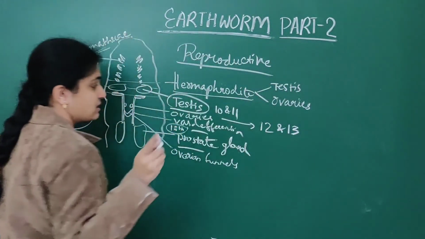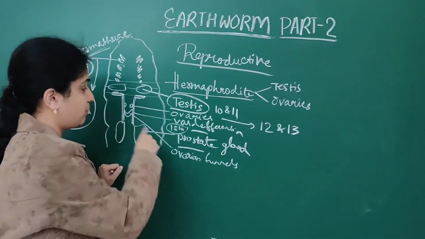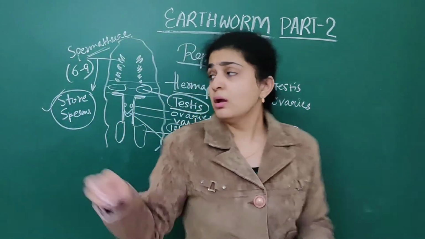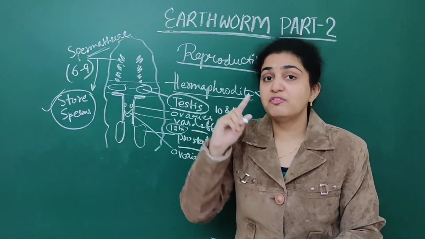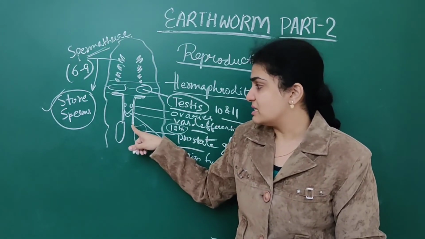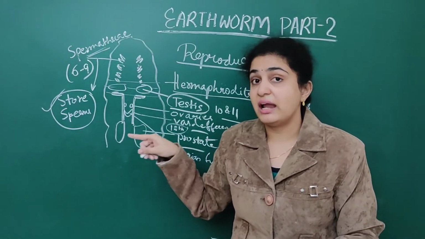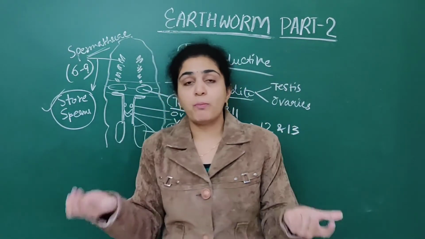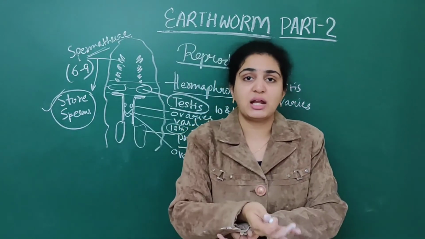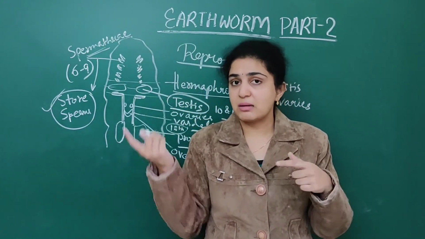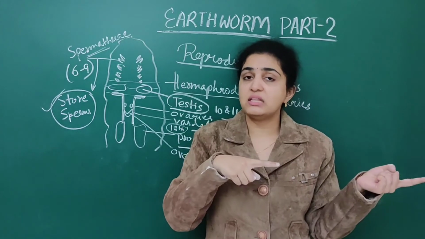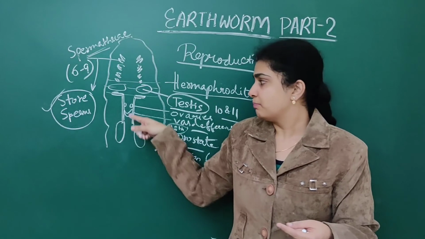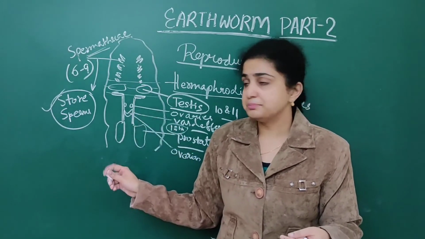The ovarian funnels open into the 14th segment female genital pore, whereas the vasa differentia, which end at the 18th segment, open into the 18th segment male genital pores. That is why male genital pores are in the 18th segment and female genital pores in the 14th.